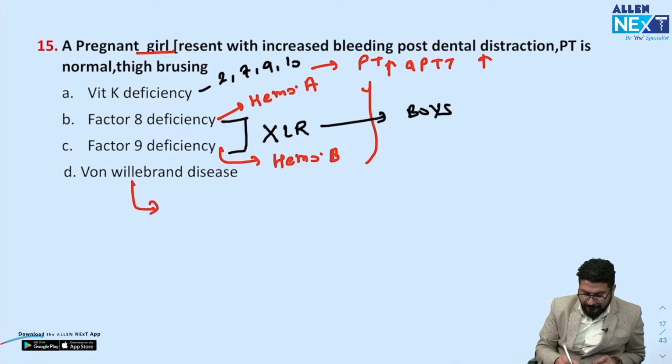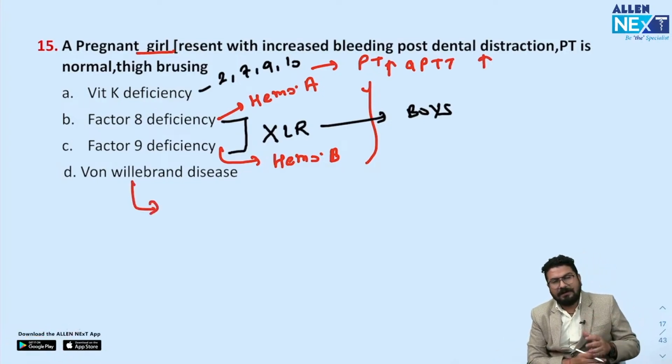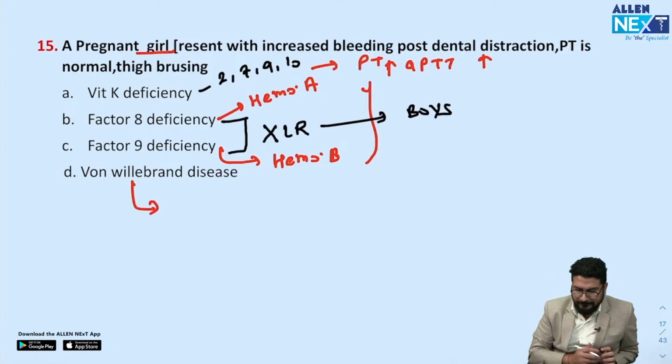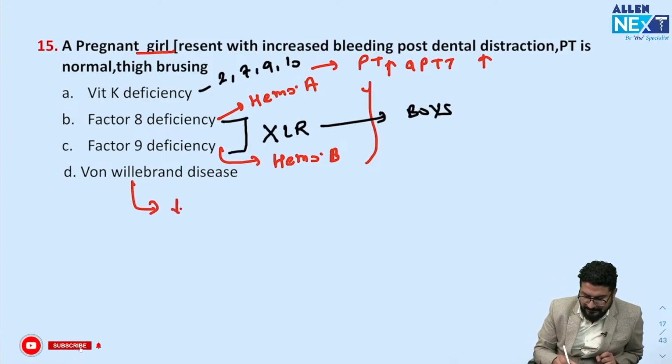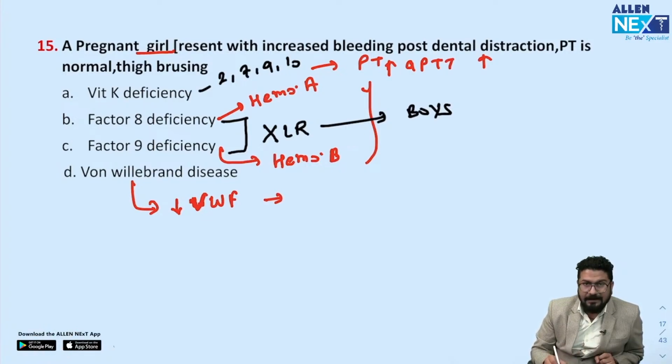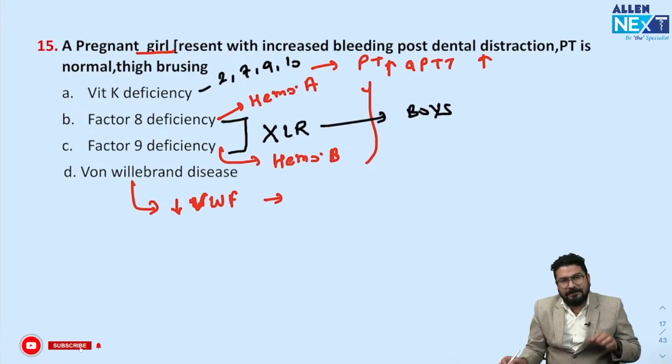In von Willebrand disease, it's a defect of von Willebrand factor, the transporting factor for factor 8. So here you will see a decreased von Willebrand factor. When this is deficient, there is an indirect deficiency of factor 8. Factor 8 means your intrinsic pathway will be compromised.